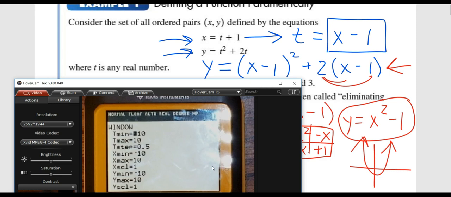There's a T-min and a T-max. Let's, just for now, leave it at -10 to 10. In the future, there will be problems that specify a certain range for T, which means you may not get an entire parabola. You may only get a part of a parabola. In fact, I'm not even going to give you all of a parabola.